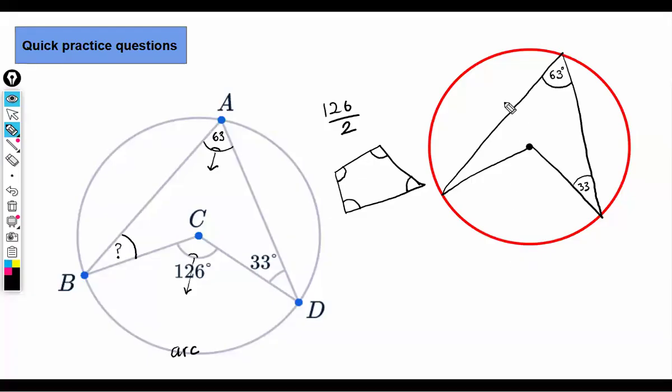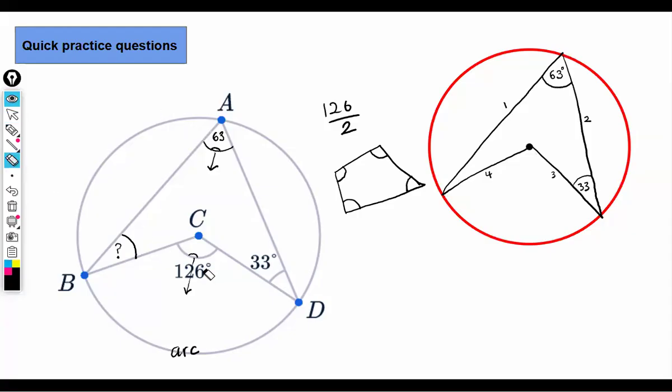Look at it. 1, 2, 3, 4. That's not a triangle, eh? This is a four-sided figure. 1, 2, 3, 4. And we now said that all the angles inside a four-sided figure is 360 degrees.